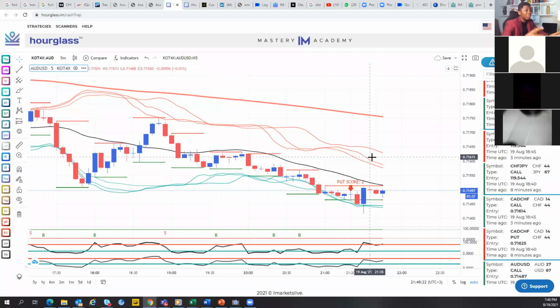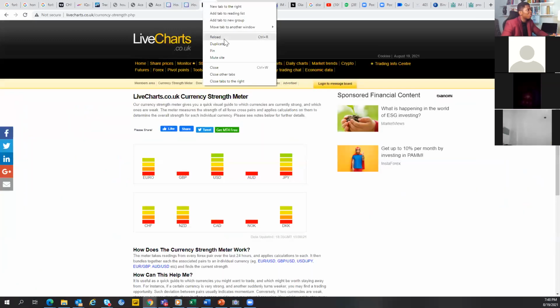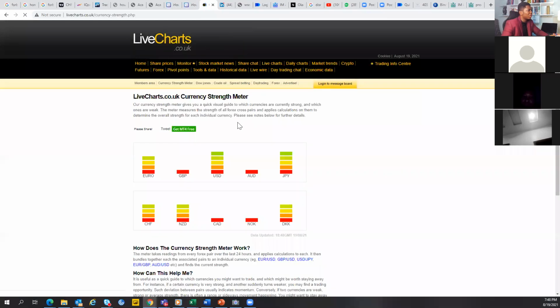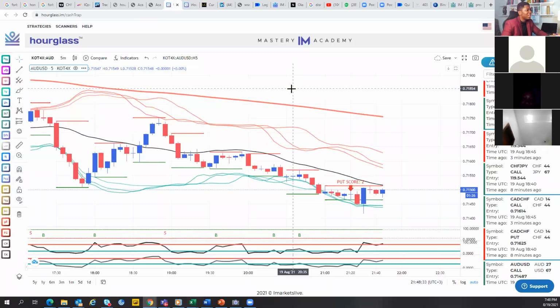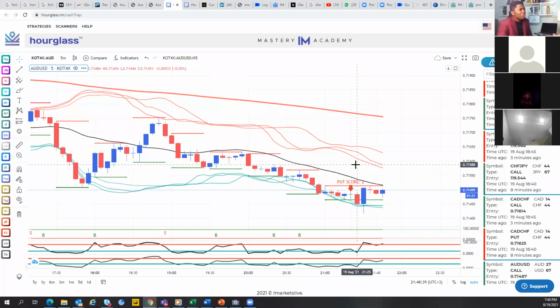If it's looking to take a sell, now don't forget, you come to your currency strength meter, you choose the pair you want to take. You always have to refresh this. AUD USD still very valid. You go to your hourglass, and then cash trap is going to say AUD USD will take it. We'll start counting the possibility of it going on a sell.